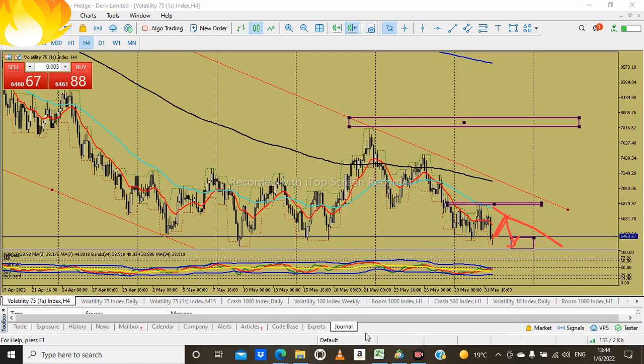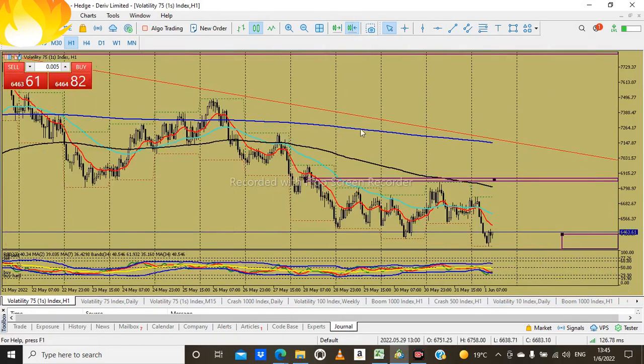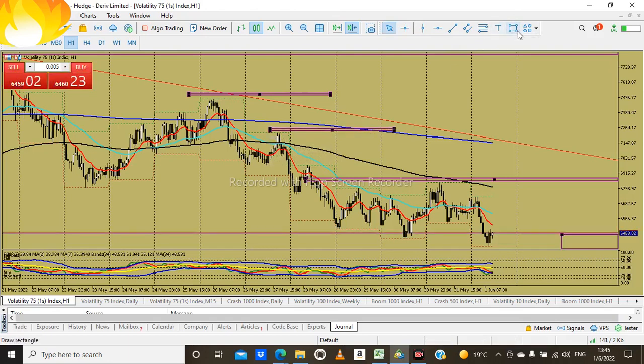Let's go on H1 and we get a better view. In H1, let's see what price is telling us there. So I use the BTMM strategy, and it's pretty good.